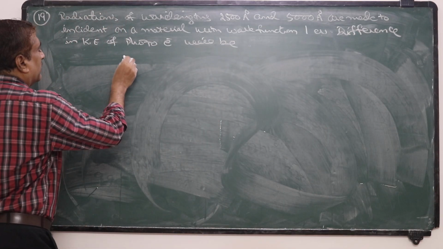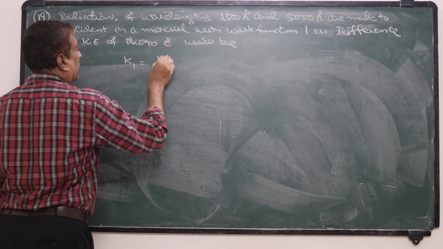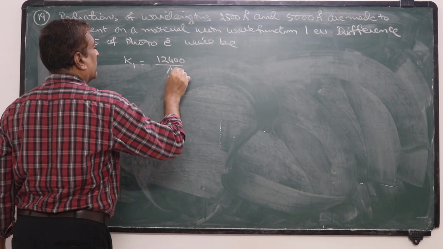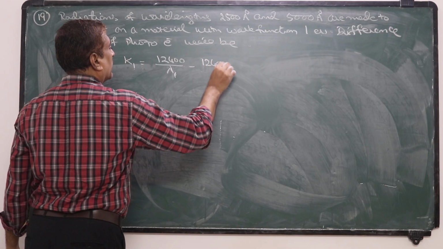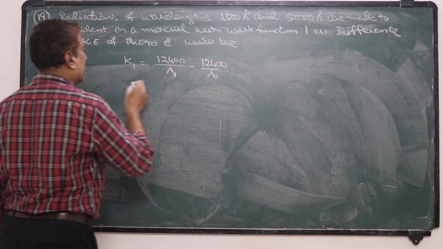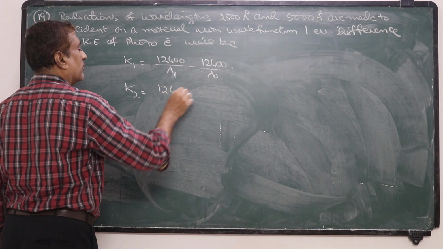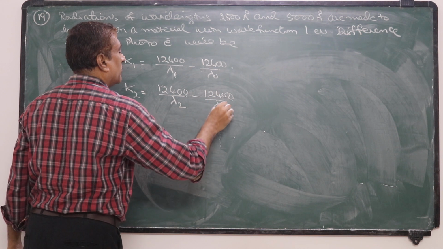In the first case, the kinetic energy K1 is 12400 by lambda 1 minus 12400 by lambda 0. K2, the kinetic energy of the second case, is 12400 by lambda 2 minus 12400 by lambda naught.